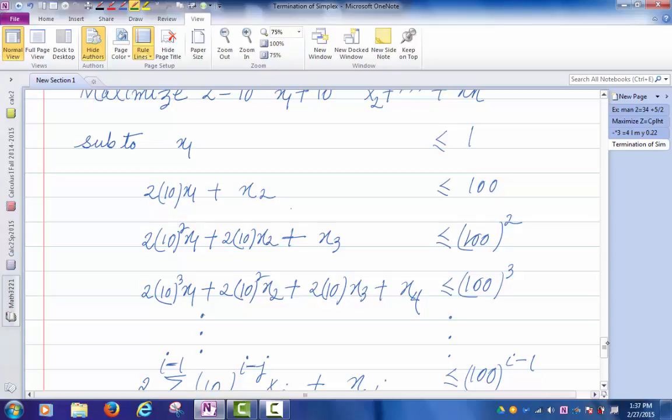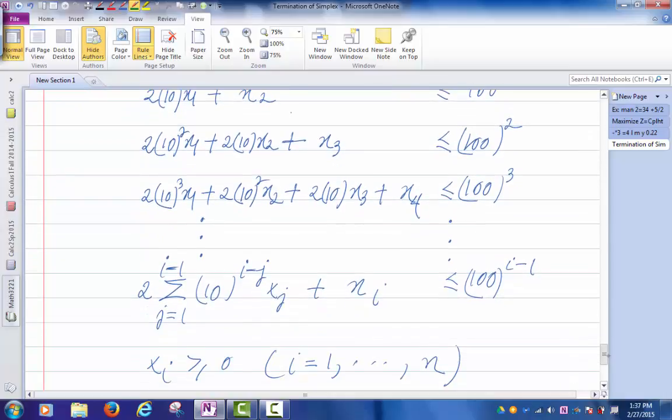And then the next one is 2 times 10 squared x1 plus 2 times 10 x2 plus x3. This is row 3. And then the fourth row, I have 2 times 10 cubed x1, 2 times 10 squared x2, plus 2 times 10 x3, plus x4 less than or equal to 10 to the 6, and so on.